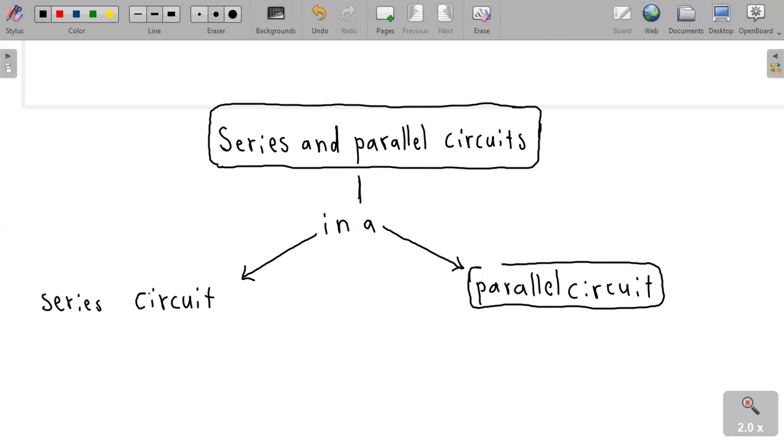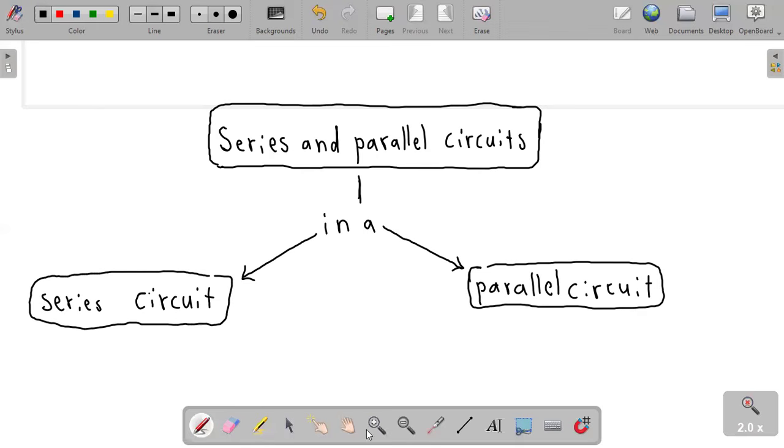So what are we saying about a series circuit or a parallel circuit? What is happening?